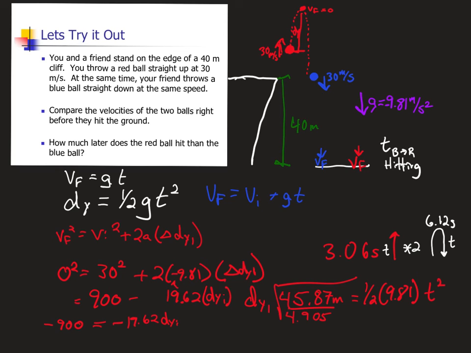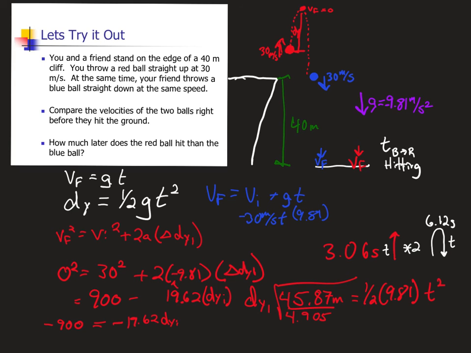So we would then have 30 meters per second down, which would technically be negative, then plus 9.81 t. Now we have to solve for our t and our v sub f. Well, that's not very easy.